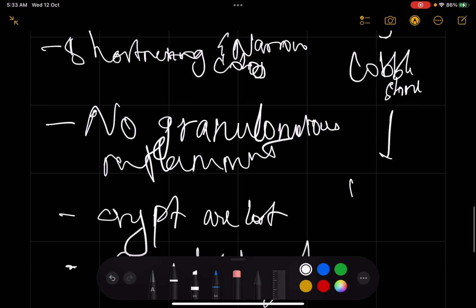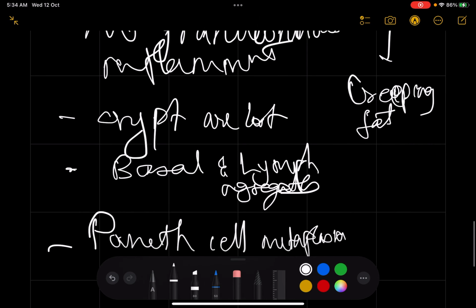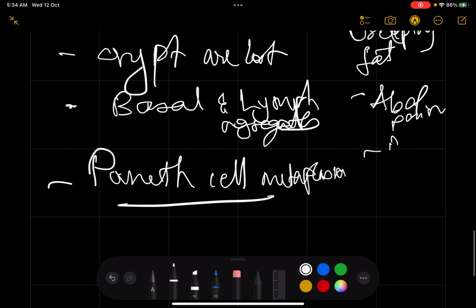Also, we see creeping fat, because there are strictures that are formed because of this entire cobblestone patterning of Crohn's disease. And what does the patient present with? He presents with abdominal pain. Also, it presents as pain that gets better with diarrhea.